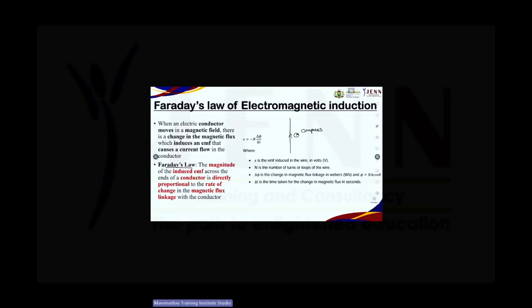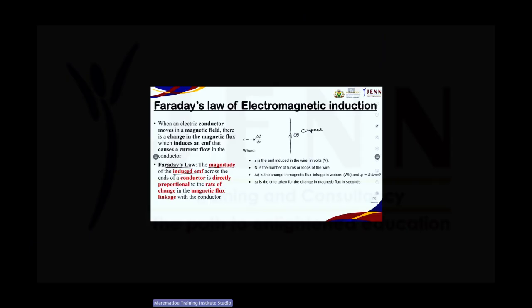So just quickly read that again. You have to know that as well as a definition for this topic. So the magnitude of the induced EMF, meaning we're going to induce an EMF across the ends of a conductor, is directly proportional to the rate of the change.